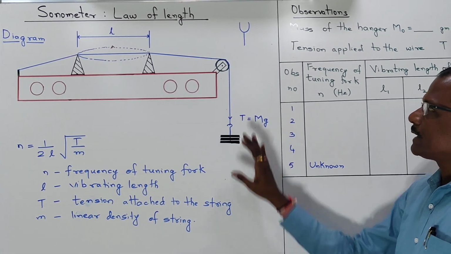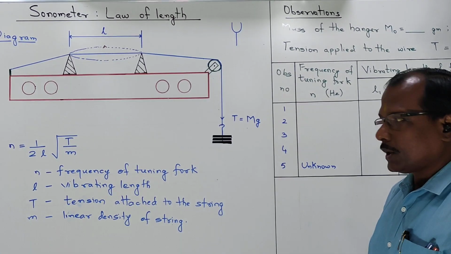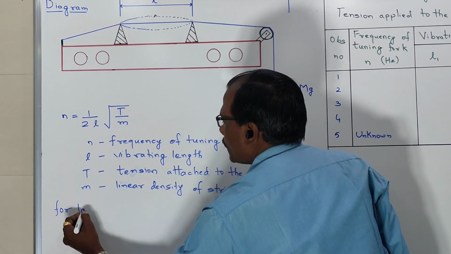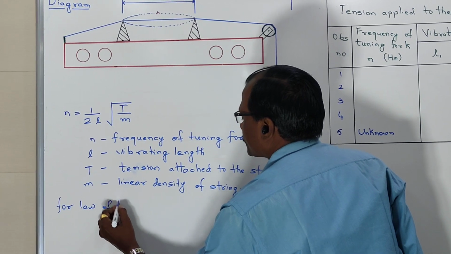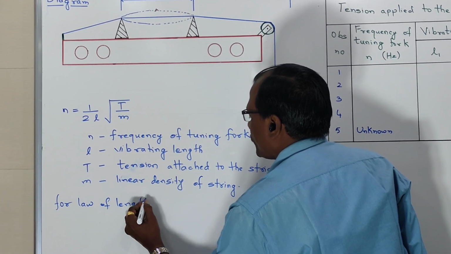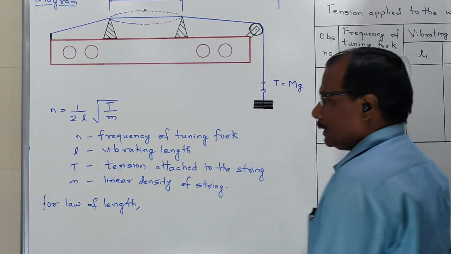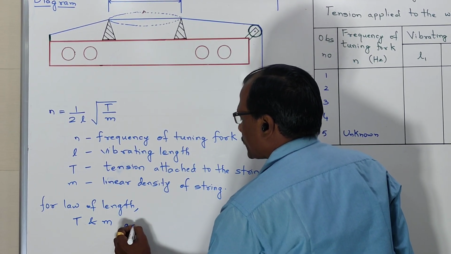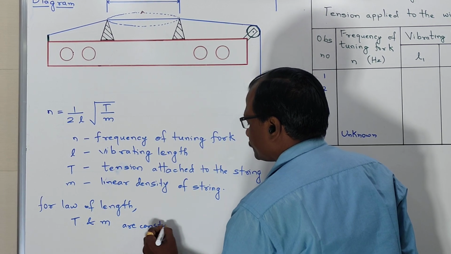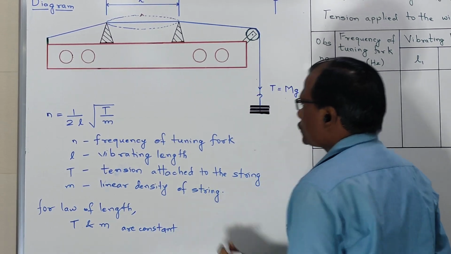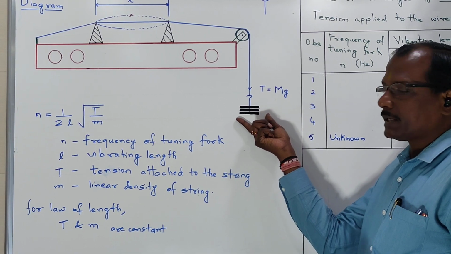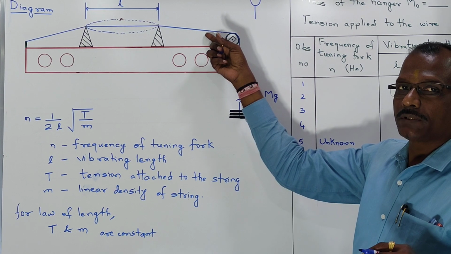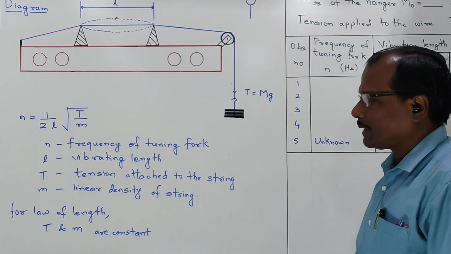Now this experiment is called the law of length. For the law of length, what is the condition given to us? The tension attached to the string as well as the linear density are kept constant. Once we have attached the mass to the string, the tension becomes constant. Linear density will be constant because the string remains the same.